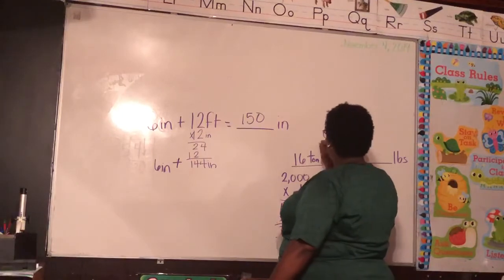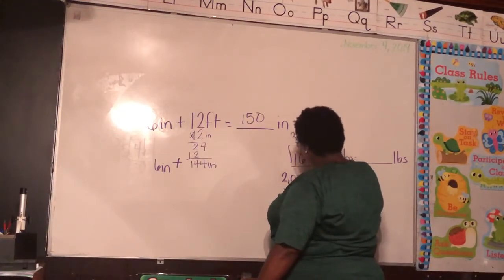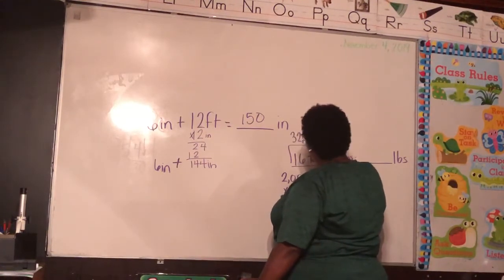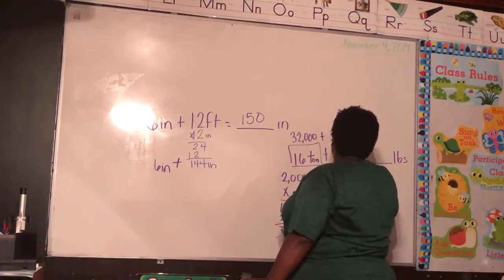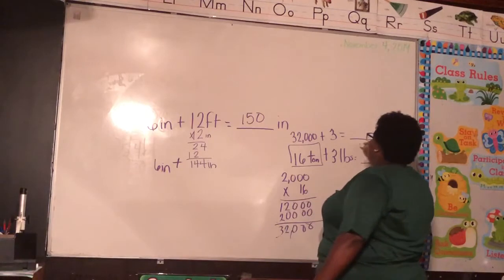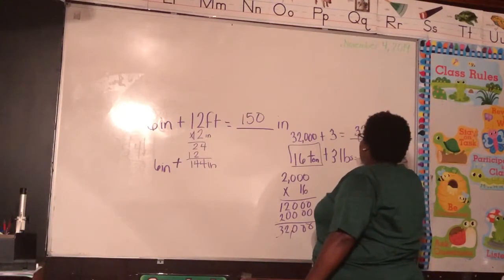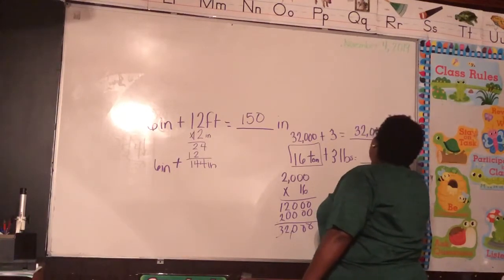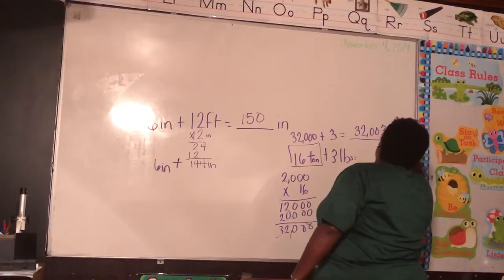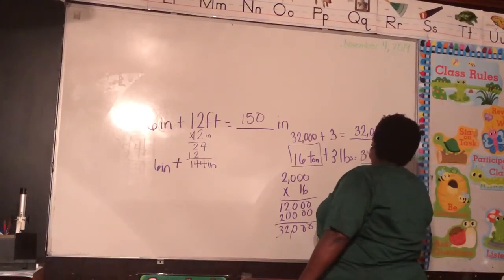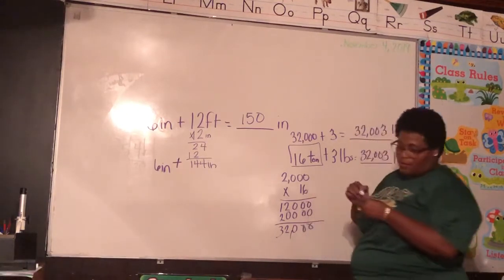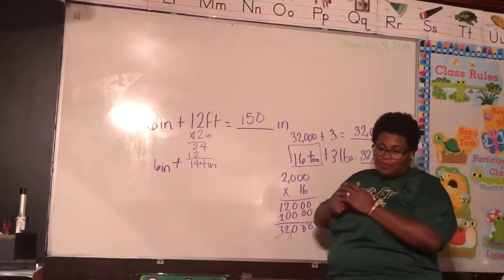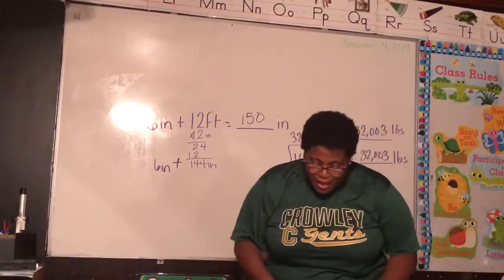So this ton, we changed into pounds, 32,000. And now we can add it because now it's correct. So our answer is 32,003 pounds. Okay? And that's it. Now we've worked that whole page.